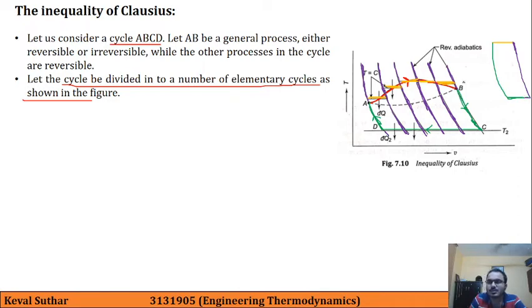Okay, so here the flow is like this. So I have drawn this portion, and these are the points A and this as point D. So this is one form of a Carnot cycle, a small Carnot cycle, and like that we are having a total of 5 cycles.